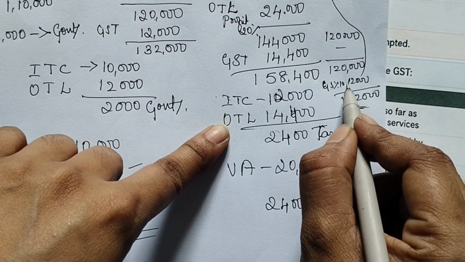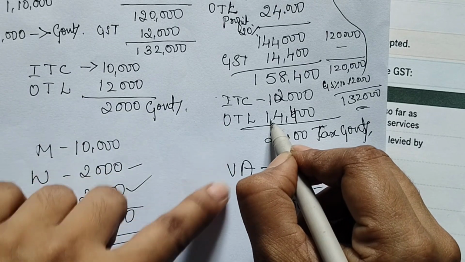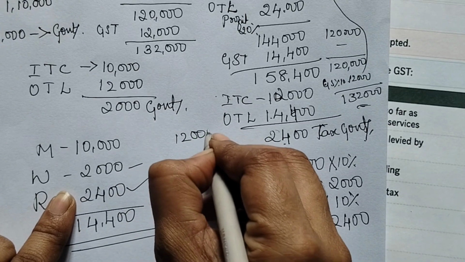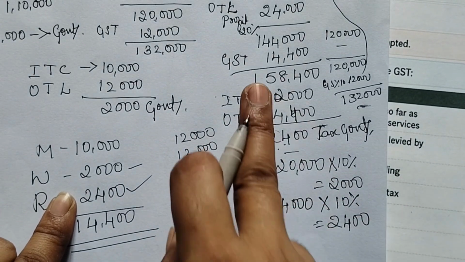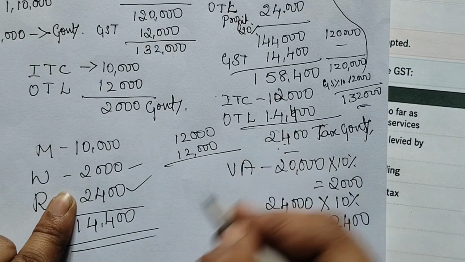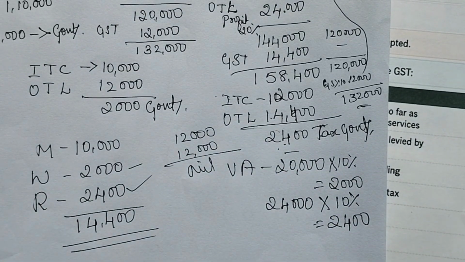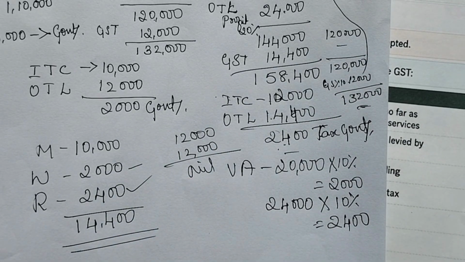How much did he pay? 12,000 is received as output tax liability. Then it is nil. If you have value added, then only the tax is coming on the value which you have added. 12,000, nil. Nothing you need to pay to the government.